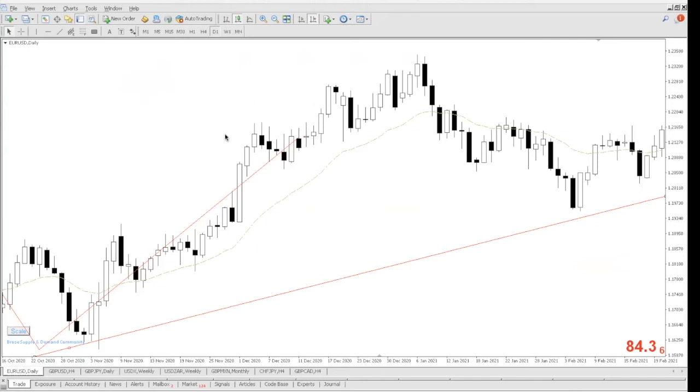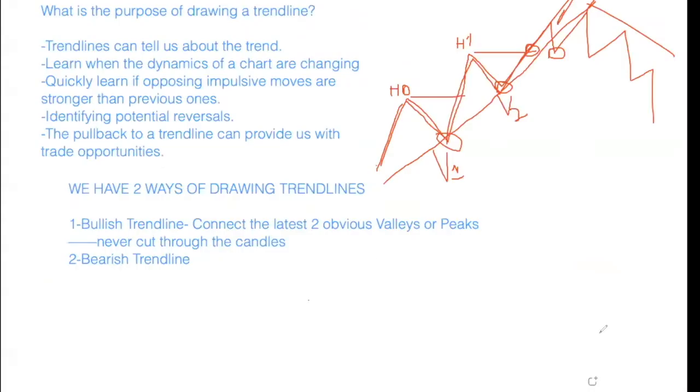Now on my whiteboard, how do you draw a bearish trend line? We said it's like those two mountains.